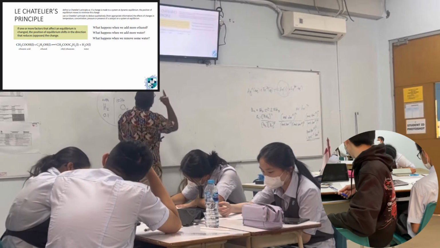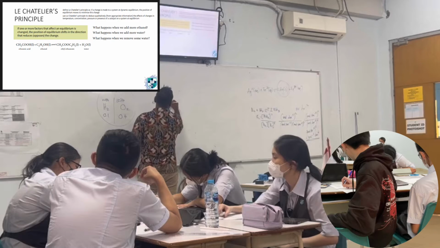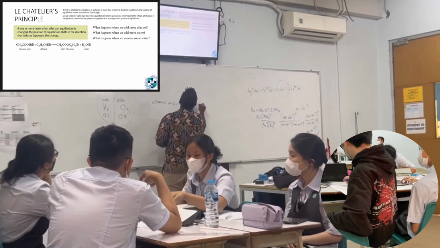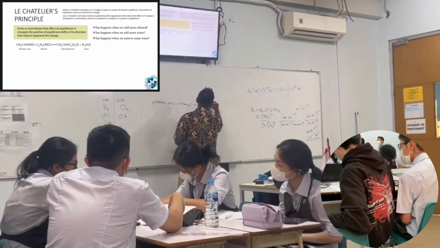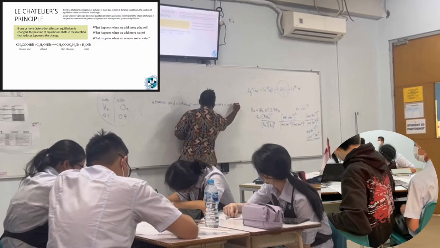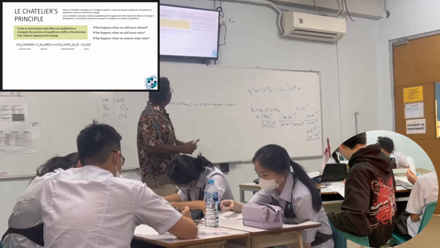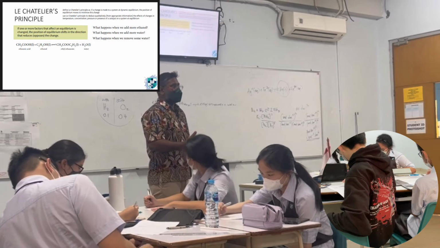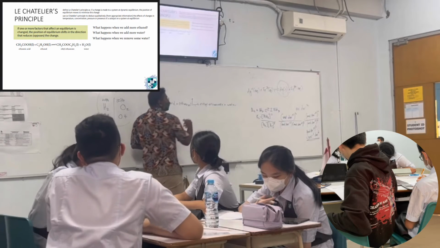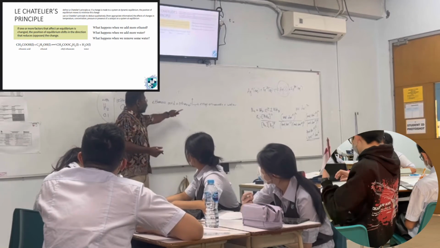Now, if you put over here, if it is too small to read, I'll just put ethanoic acid plus ethanol, ethyl ethanoate, and water. Now, the question is asking what happens when you add more ethanol. When you add more ethanol, according to Le Chatelier's principle, you need to remove the ethanol.